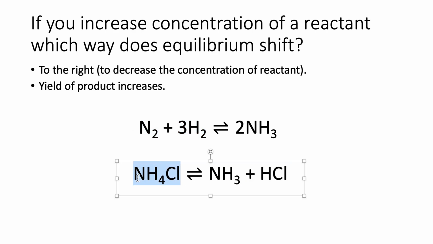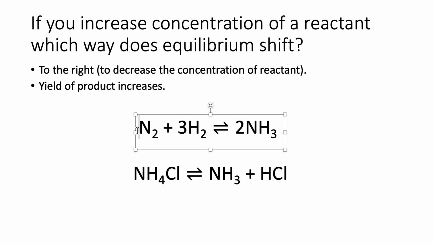Same here, if I increase the concentration of this, then I will increase the concentration of this to decrease that and counteract the change to the system. Notice both these reactions are quite different. Doesn't matter what the equation is, it will always be increasing the concentration of reactant increases the yield of product because it shifts to the right.